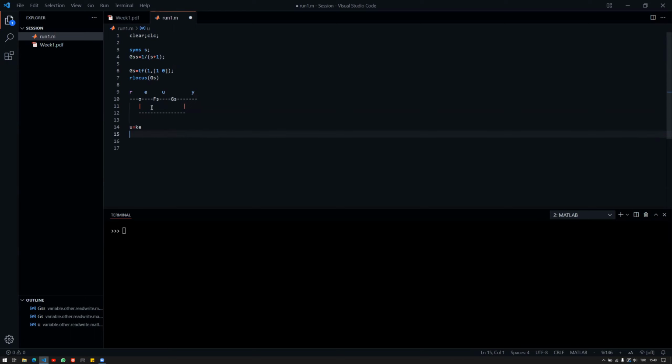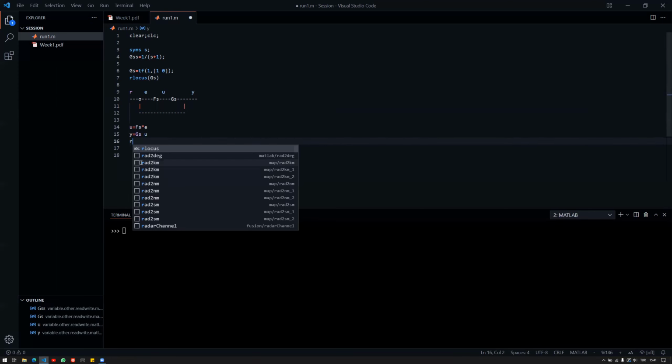If you're not really good at this, you might also use the relations here. For example, let's generalize it like this. U is equal to Fs times E. So this is one equation. And then we have Y equals GsU. This is another equation.